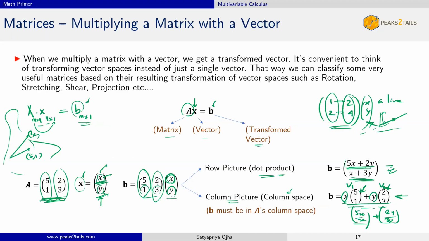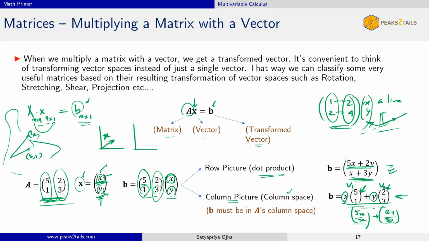Before this, let me show you a little bit of animation, so that you're not sleeping. We have very, very special types of matrices that do all kinds of transformation. For example, this is my original vector x. After I multiply A to x, what does it become?